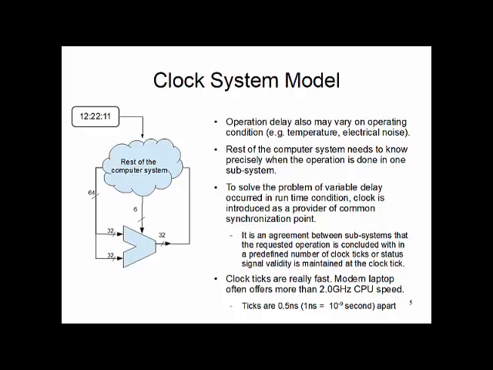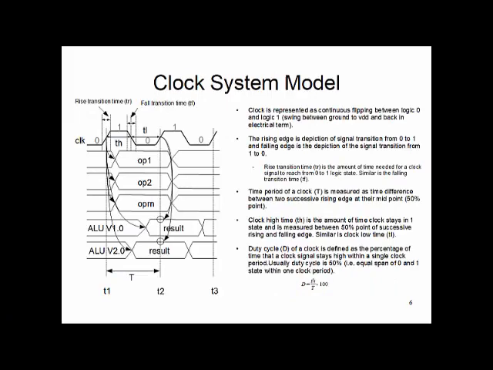Each tick, like one transition from 0 to 1 and then the next transition from 1 to 0, is 0.5 nanosecond apart, where 1 nanosecond is 10 to the power minus 9 seconds. So you can imagine that's a really fast change of values, and this change happens forever, till your computing system is up.